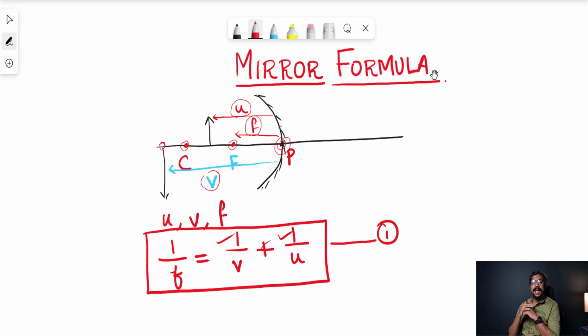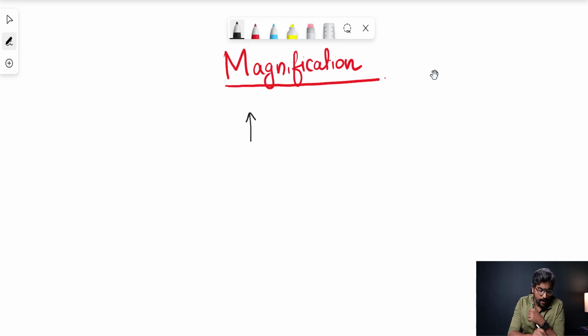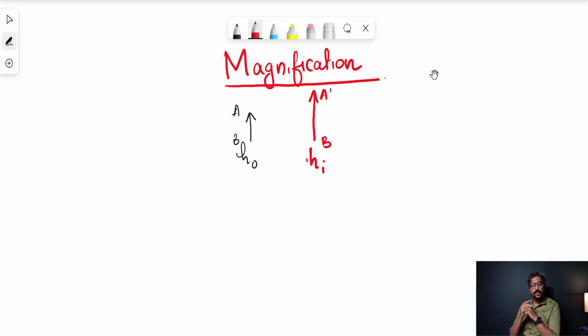Now, what about magnification? Magnification is a very important term. Imagine that you have an object here, and the height of the object is HO, and you get the image like this. This object is AB and the image is A'B', and its height is denoted by HI. Clearly observe, the object and the image are of different size. The height is differing.